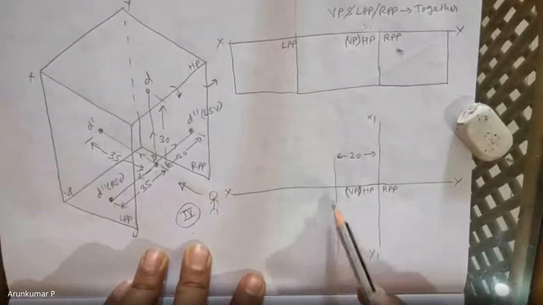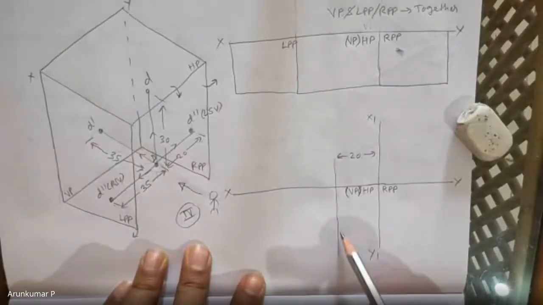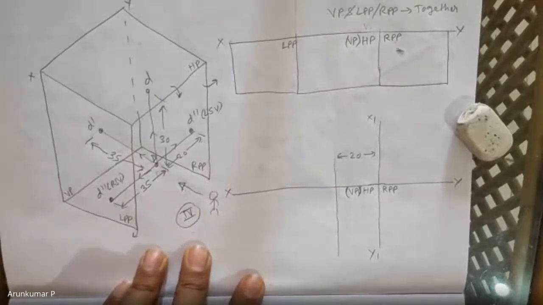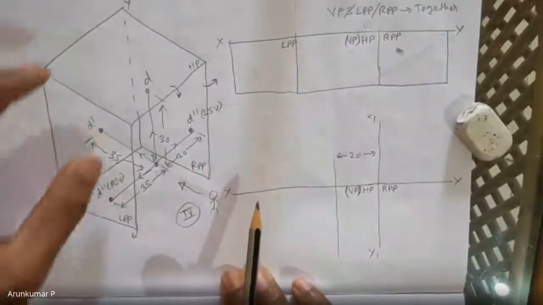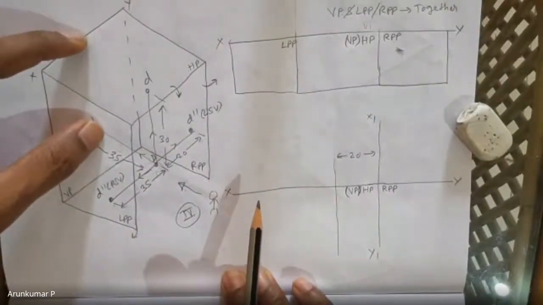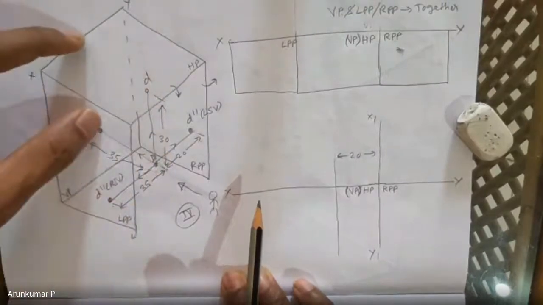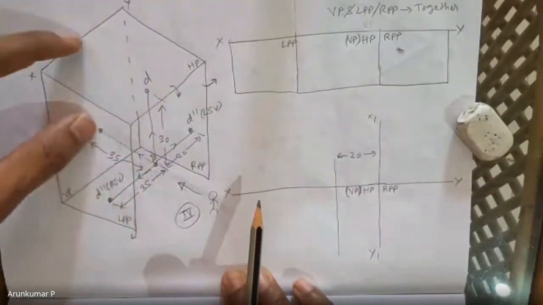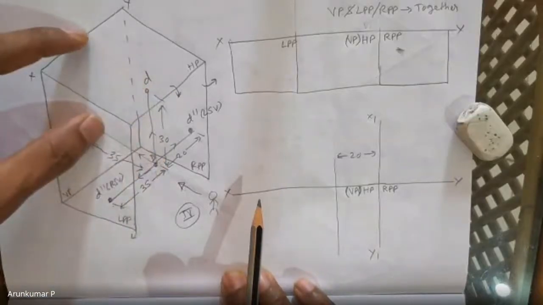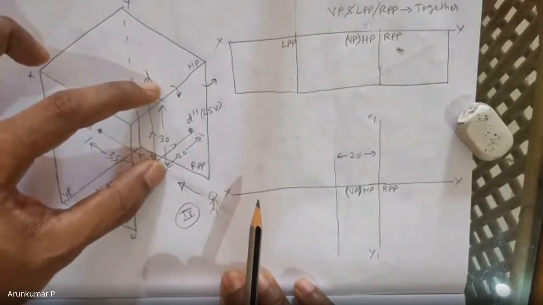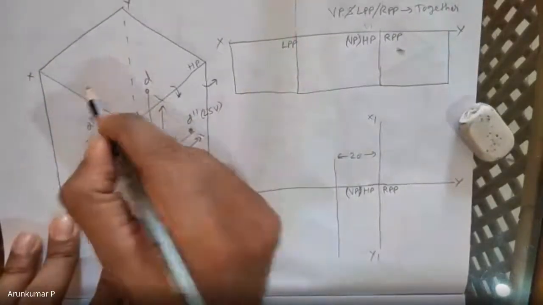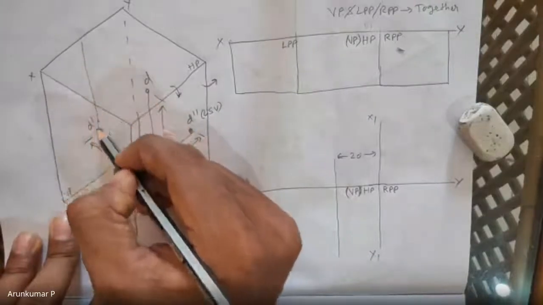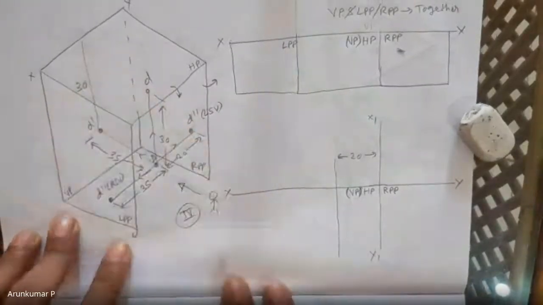Somewhere here below the XY line, because VP and HP are together below XY line. Now, where exactly? Let us find out. Okay. D dash, the front view, is at what distance from XY line? Please observe this. How much is the length of this line? D dash is 30 mm. Yes, 30 mm.